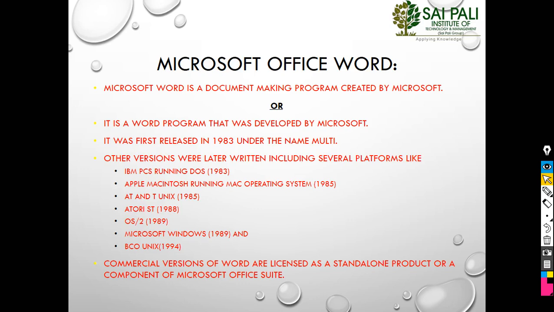As we know, it is already a part of Microsoft Office, so obviously it has been developed by Microsoft itself. When we talk about the first release of Microsoft Office Word, it was in 1983. Here you can see some other information.